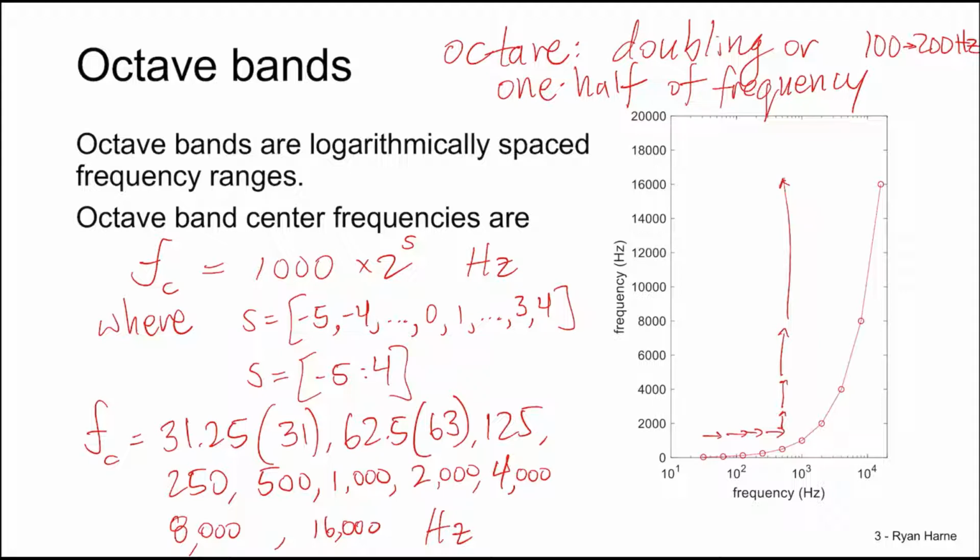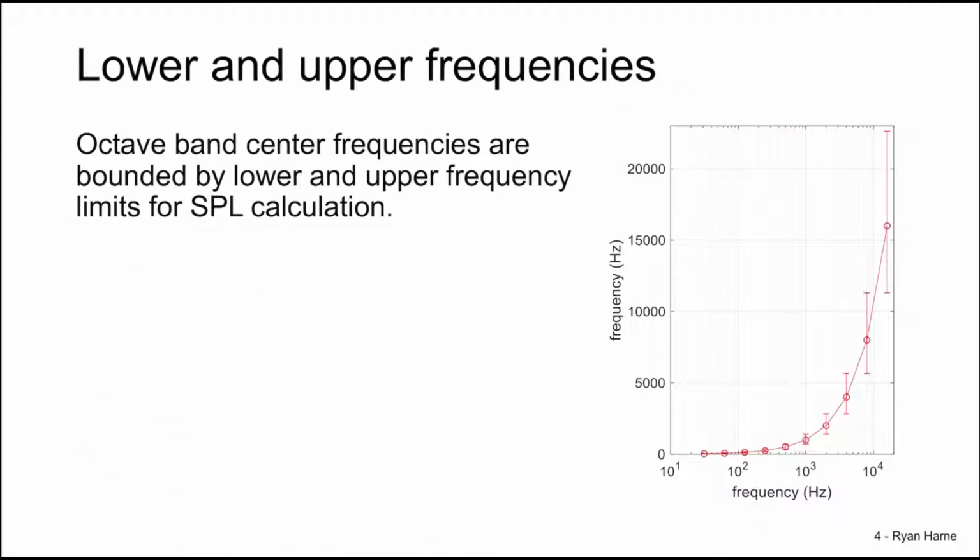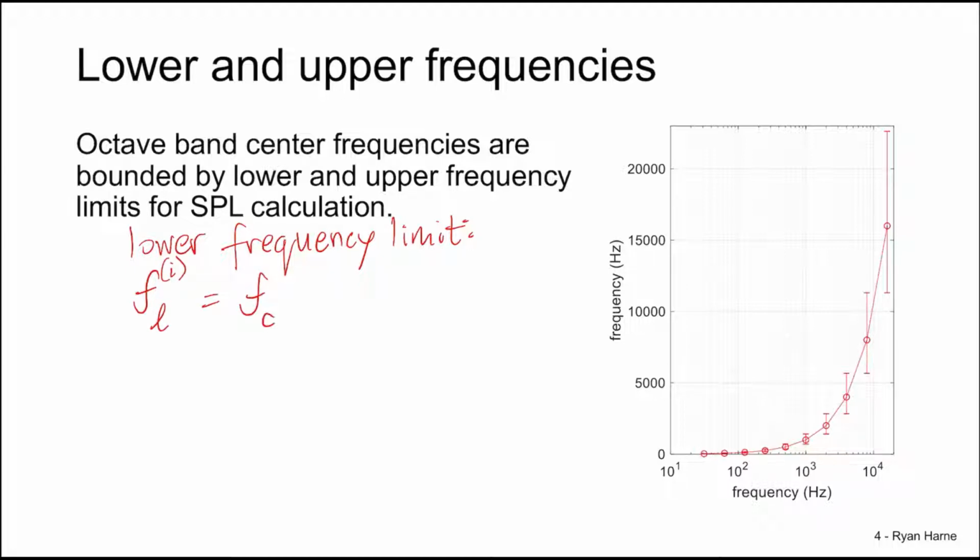In addition to octave band center frequencies, we define lower and upper frequencies around which the octave band center frequency is bounded. We use the lower and upper frequency limits to calculate sound pressure level in our reporting. The lower frequency limit for every octave band, f sub l for the ith band, is the ith center frequency times 2 to the power minus 1/2.